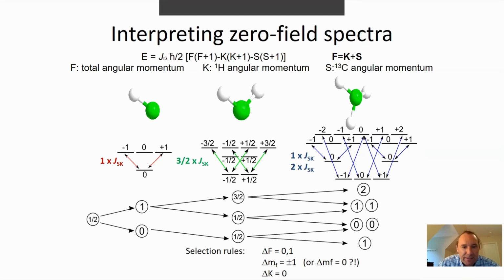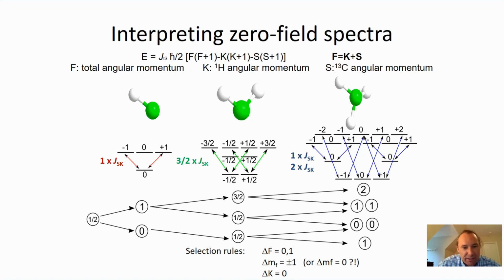Thomas, sorry, Khalif asks to explain the selection rule again in the middle case, please. Yeah, so the way it's shown on this slide is that you can calculate the energy of all of these levels based on the total angular momentum F, the total angular momentum of the protons, and the angular momentum of the carbon. And the selection rules, once you evaluate them, this is a lot of work to work out in detail.